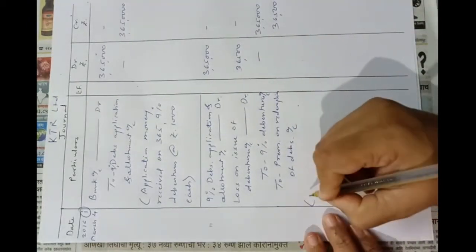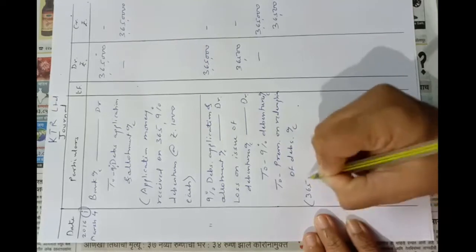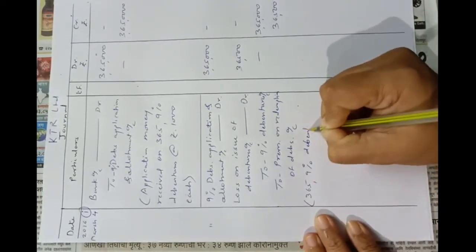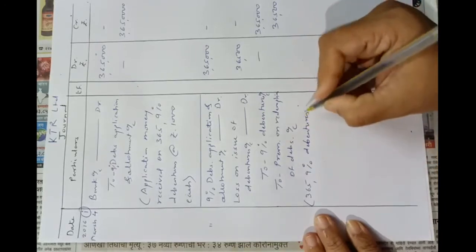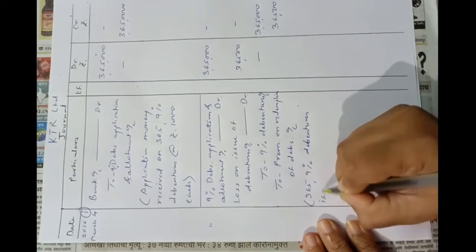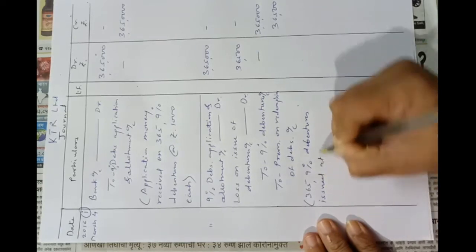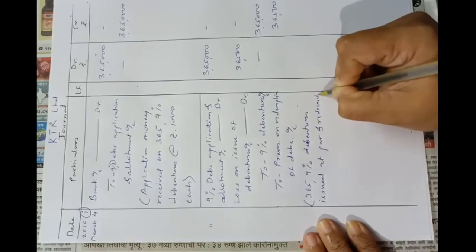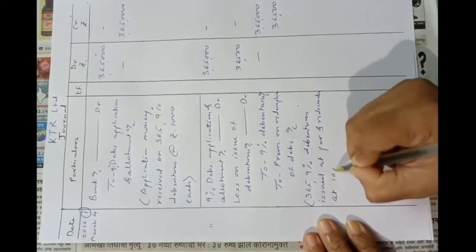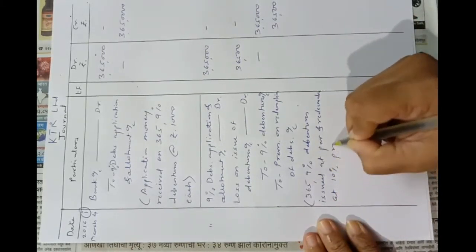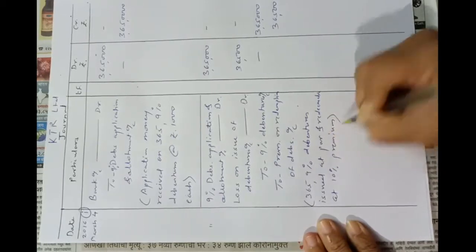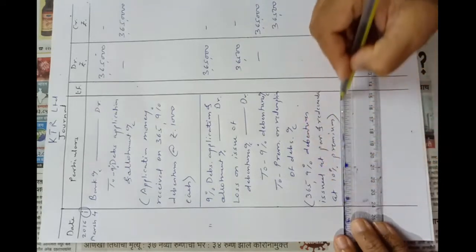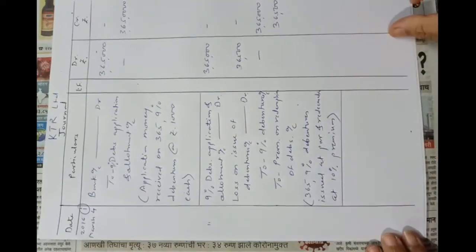Okay, so narration will be 365 9% debentures issued at par and redeemable at 10% premium. Okay, now the case second.